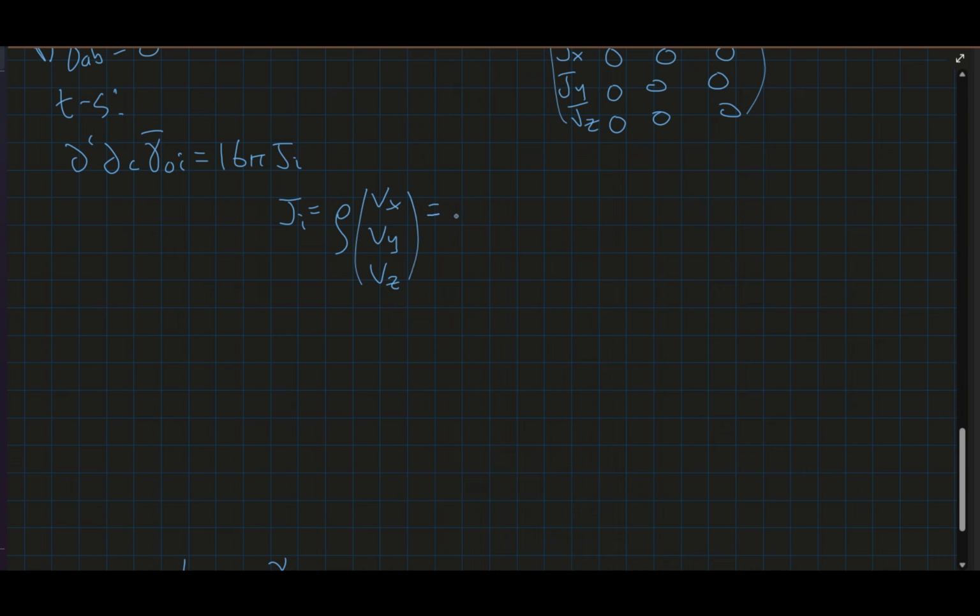Or similarly, this could be rho just times a vector V, we'll call it Vi. So just a momentum density.